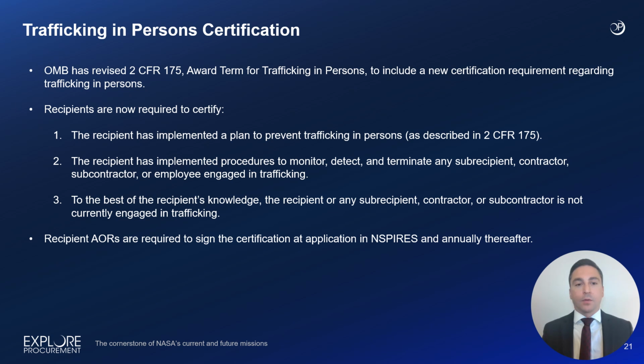They have implemented procedures to monitor, detect, and terminate subrecipients, contractors, subcontractors, and employees engaged in trafficking. And 3. To the best of the recipient's knowledge, neither the recipient nor any subrecipient, contractor, or subcontractor is engaged in trafficking. AORs will sign this certification at application in INSPIRES and annually thereafter.